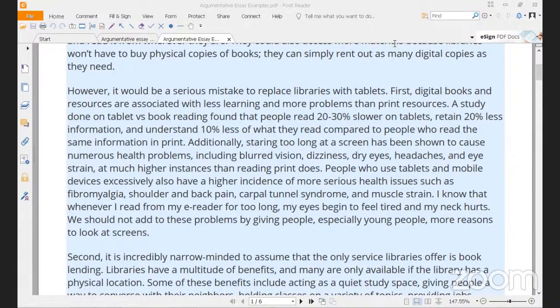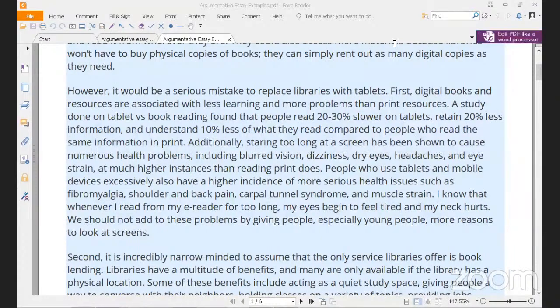People who use tablets and mobile devices excessively also have a higher incidence of more serious health issues such as fibromyalgia, shoulder and back pain, carpal tunnel syndrome, and muscle strain.